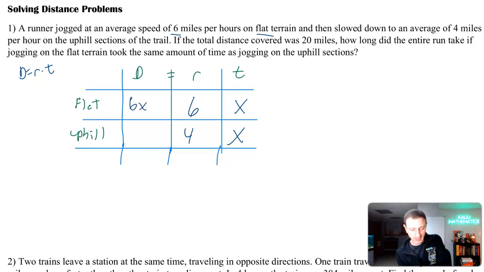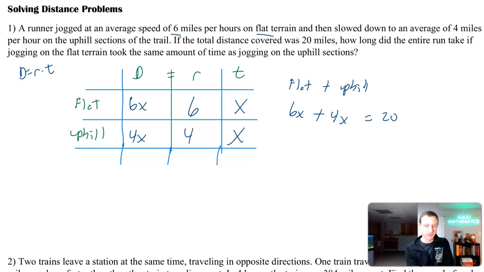Distance is 6x for flat. Distance is 4x for uphill. And we ran a total of 20 miles. So if I take the flat distance, that's 6x, and I add the uphill distance, that's 4x, I ran 20 miles total.